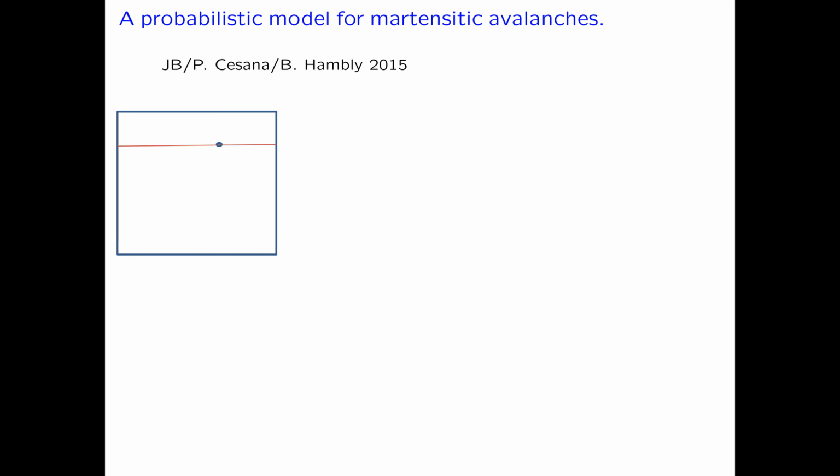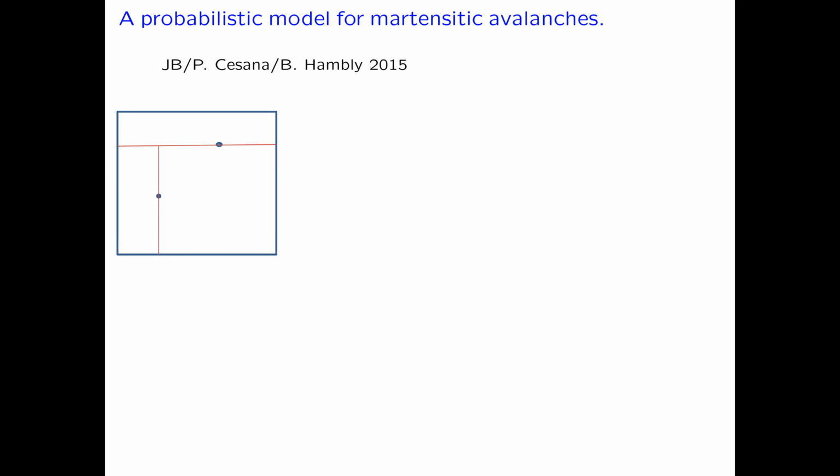So, suppose it's horizontal. And now you do it again. You pick another point, and now you pick whether you go horizontally or vertically. Now when you go vertically, you're not allowed to go further than the first one. And you continue like this. Another one, and so on.